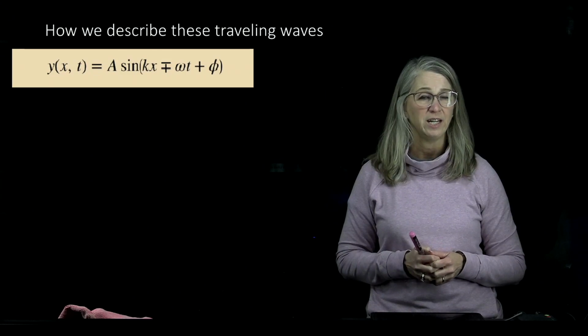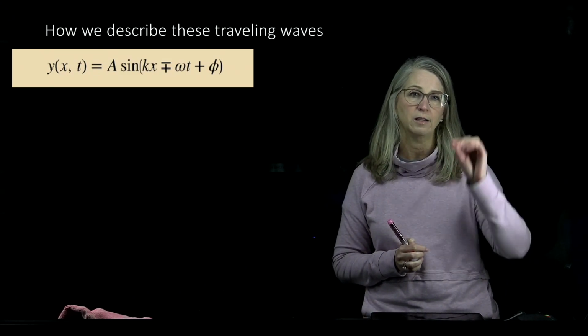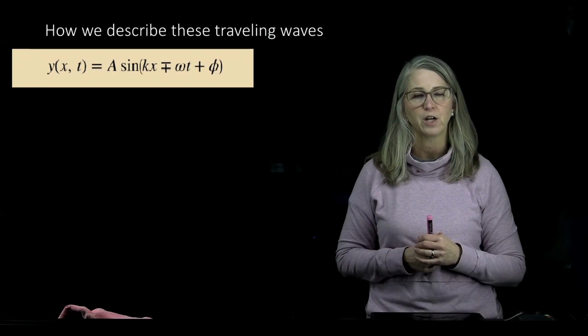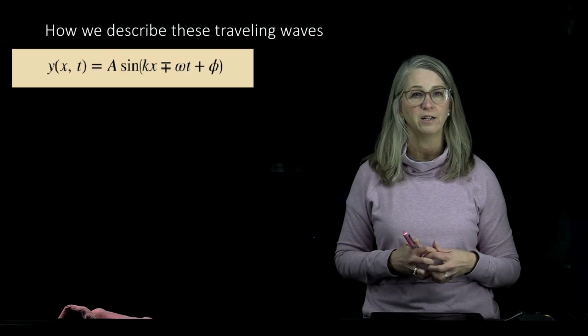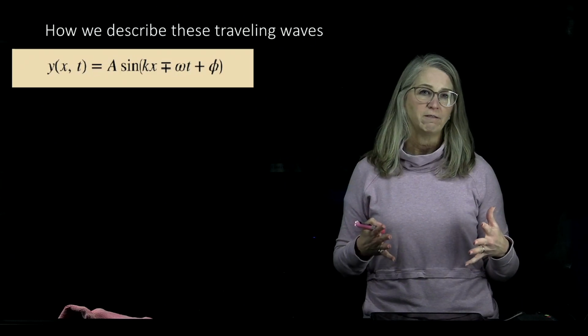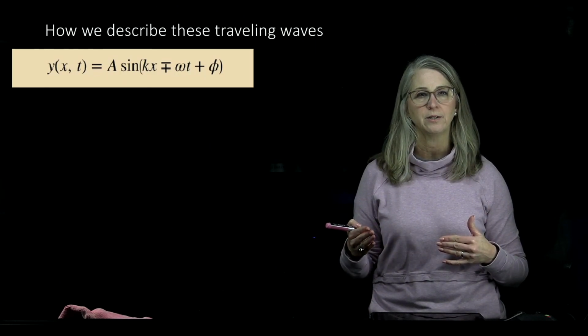But the difference here is that for simple harmonic motion, we simply had something that was oscillating between two different distances as a function of time, and so we were only really trying to find its position as a function of time. But for a traveling wave, we actually have two position quantities.